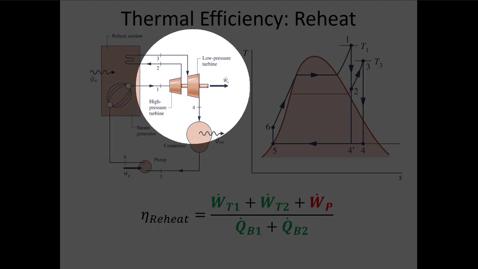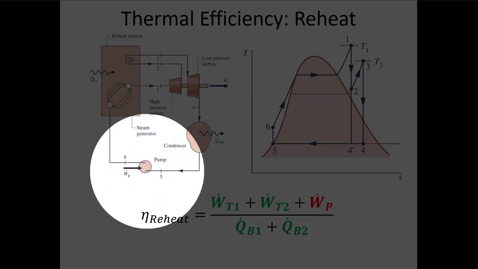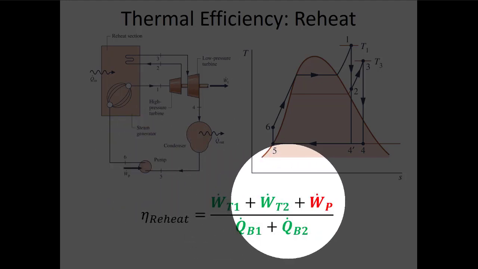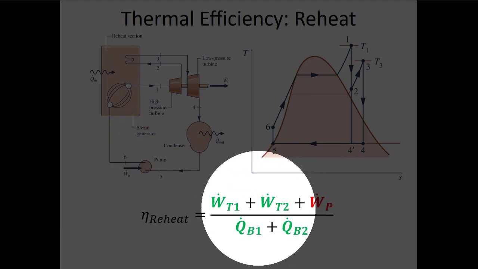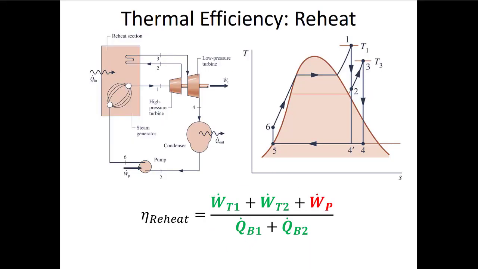Work out is positive. We have the low pressure turbine, which is also going to produce power, right? So both of these things are benefits. They're increasing our power. But the pump over here is consuming power. So I'm going to do the first law on all these 3 components, adding them all together, recognizing that the turbine powers are positive and the pump power should be negative if I use the first law.